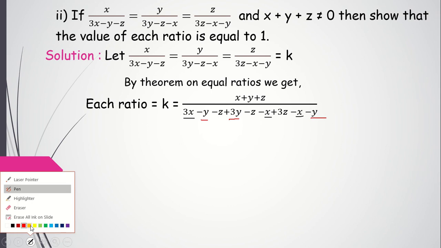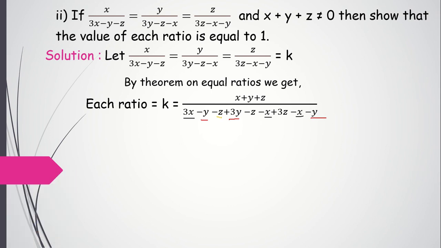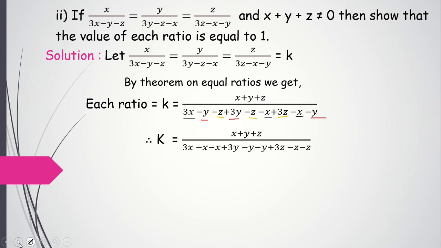And we have minus z, minus 2z plus 3z. 3z minus 2z is z. So in the denominator we are going to have x plus y plus z. So here I have brought the like terms together and we subtract. That time what we are left with is x plus y plus z.